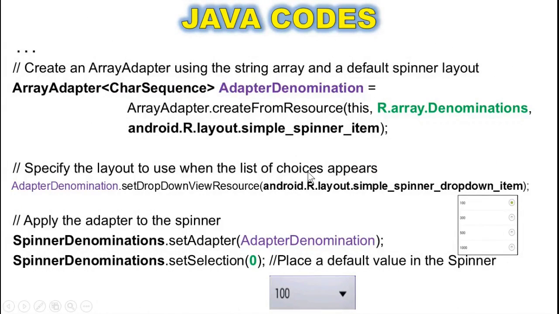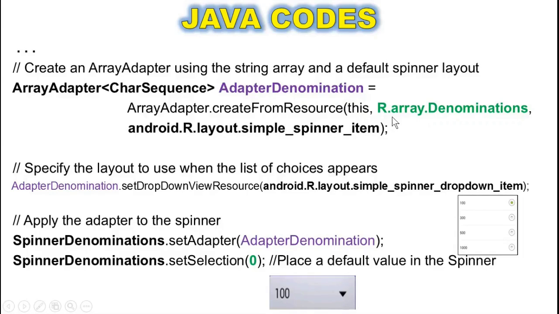This command line will create an ArrayAdapter using the string array and a default spinner layout. ArrayAdapter of CharSequence: I declared an object named adapterDenomination equal to ArrayAdapter.createFromResource. The first argument is this, which refers to the class Main in object-oriented programming.